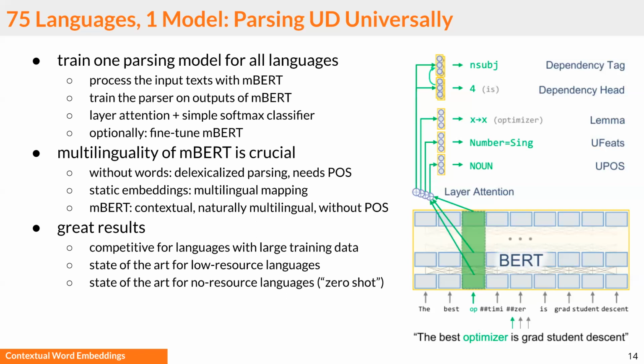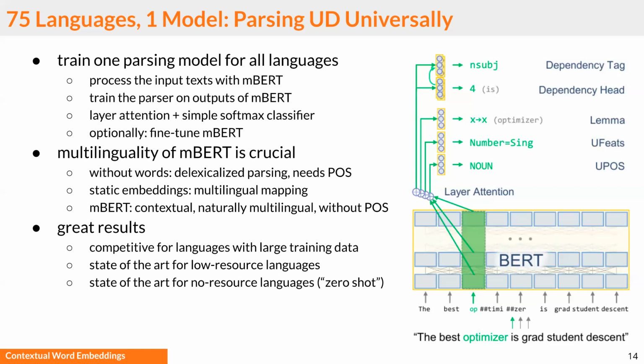So you train it for English and Slovak and Czech, and then you apply it to Swahili and it still works fine. There are some results that show that even for languages that mBERT was not trained on, it works somehow, but usually not very good anymore unless it's similar to one of the languages. So typically you would still want one of these 104 languages that mBERT was trained for. But otherwise, you don't need any other data than plain text for that language.